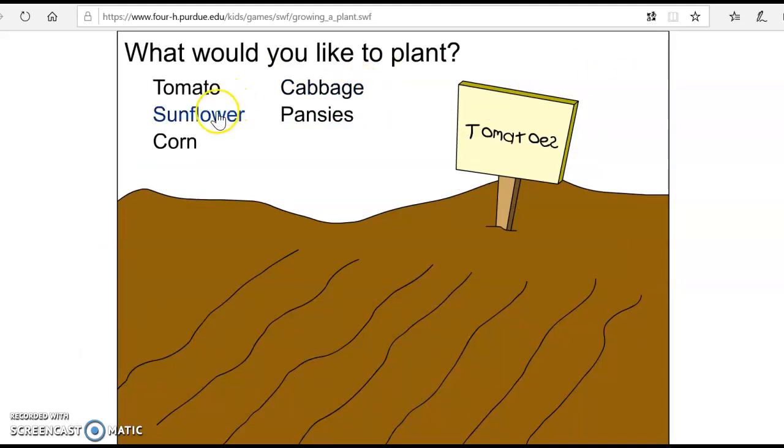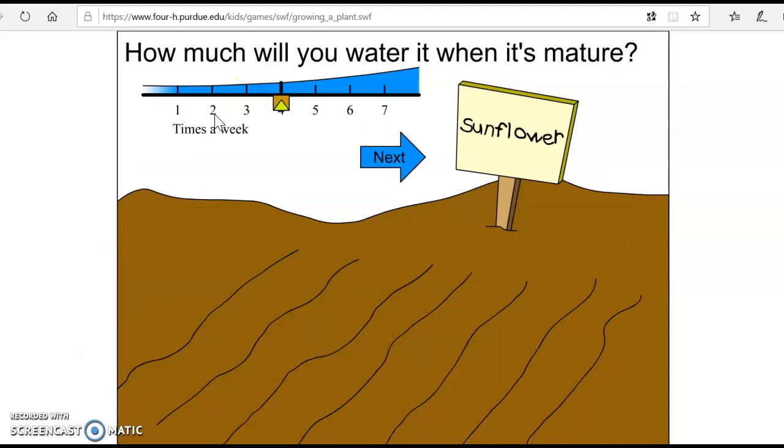And now let's try to grow some sunflowers. Let's see. How much will you water it when it's mature? That means how much water does my sunflower need when it is fully grown? I'm going to say that my sunflower will probably need to be watered, let's try 3 times a week.